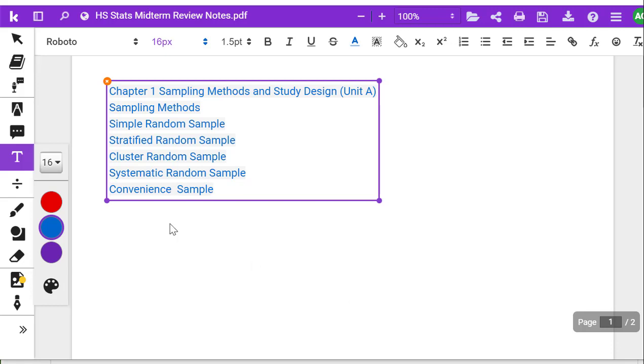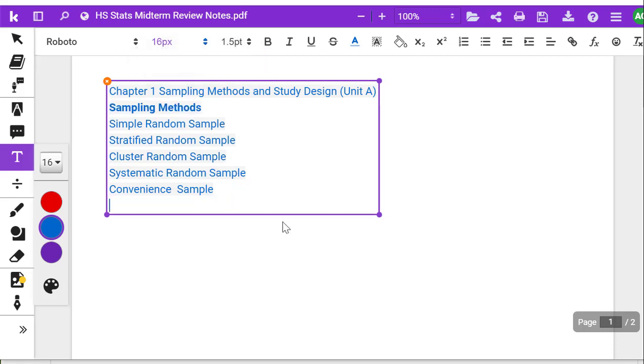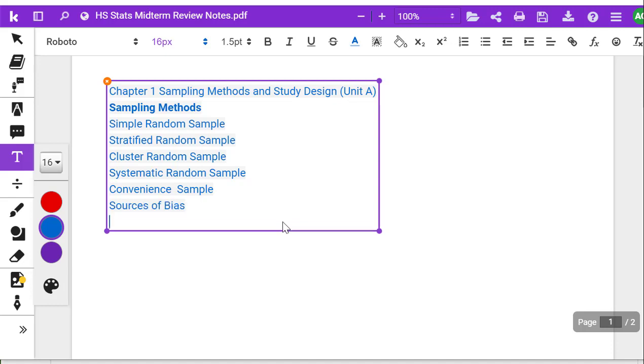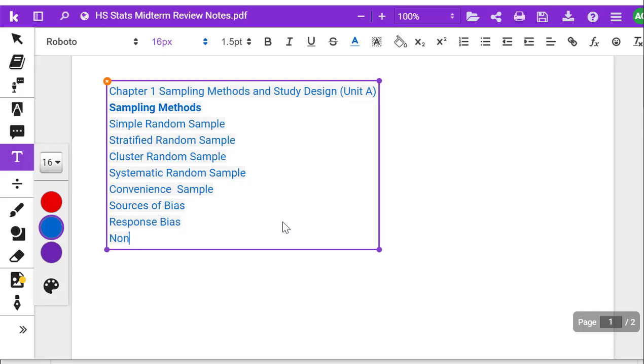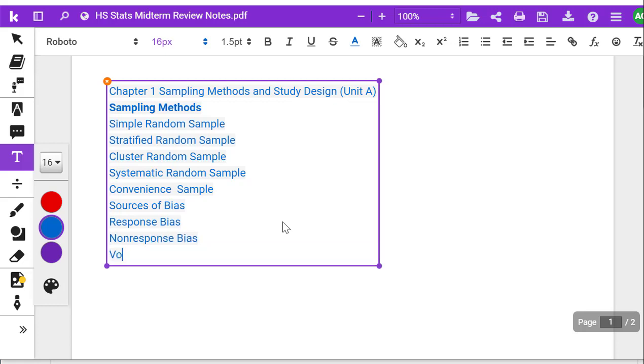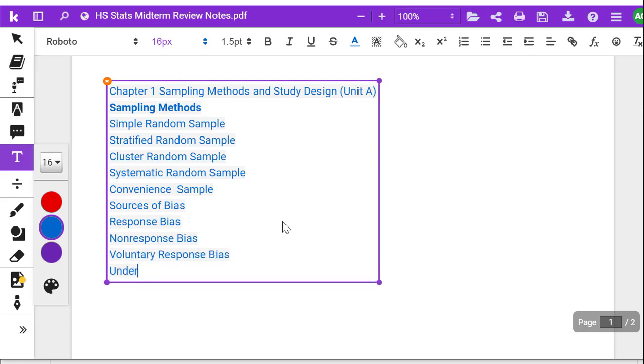And then what we just were talking about are sources of bias, right? So we have sources of bias. We have response bias, non-response bias, voluntary response bias, and then undercoverage.